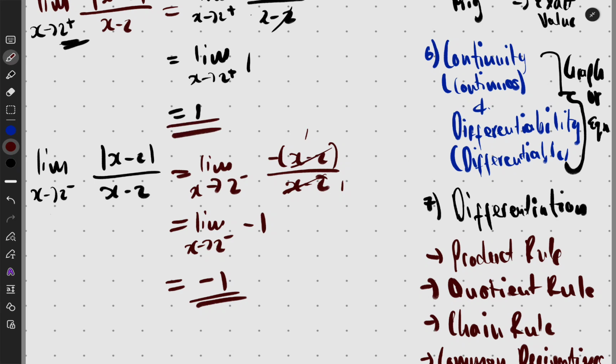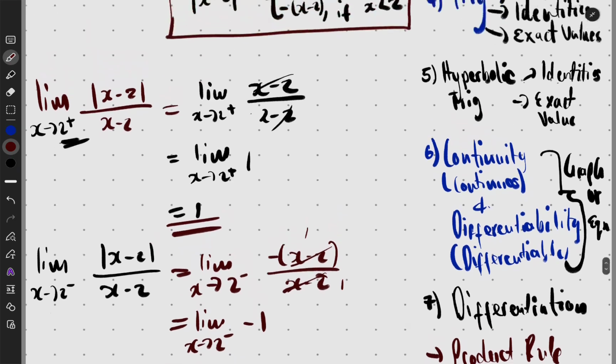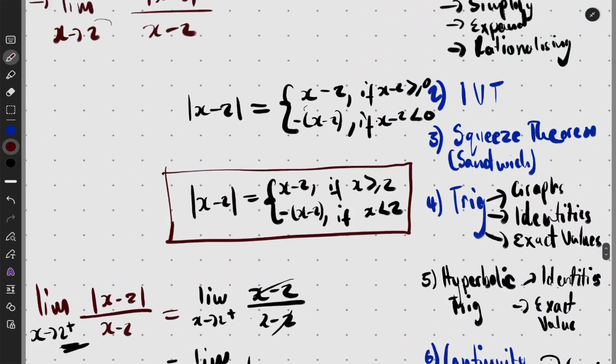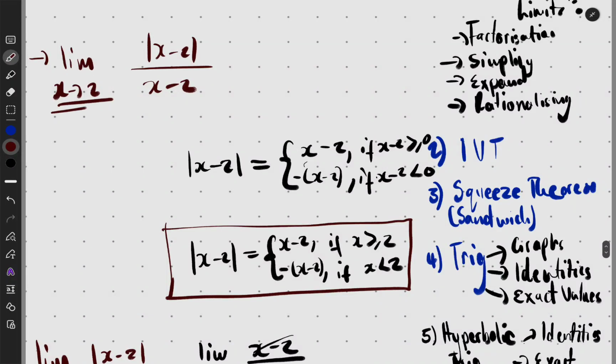And you can see that these two limits are not the same. So that means this limit here, which they want, is called a two-sided limit, the limit as x approaches 2, both from the left and from the right. This one just doesn't exist. Why?